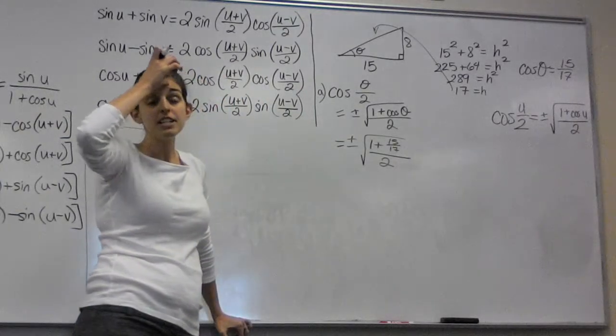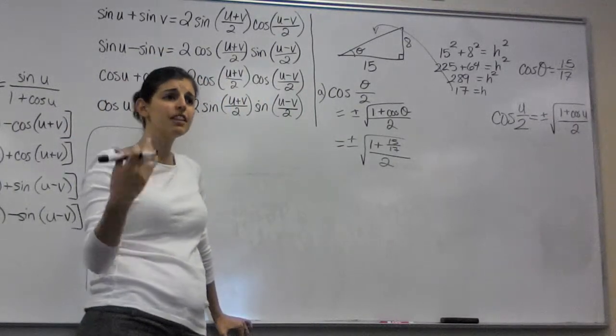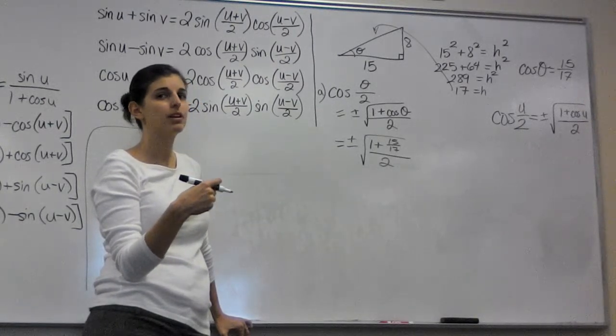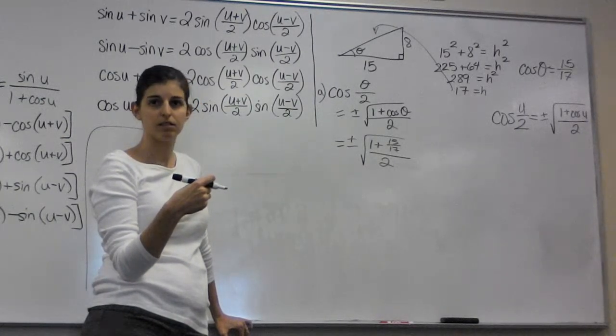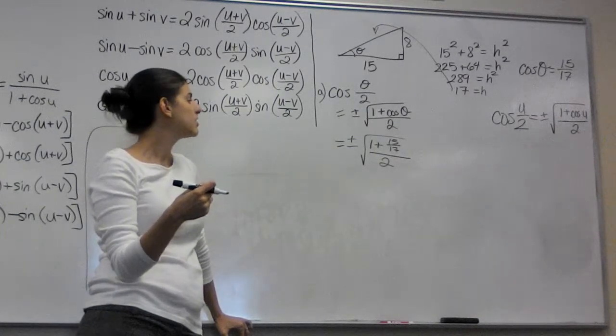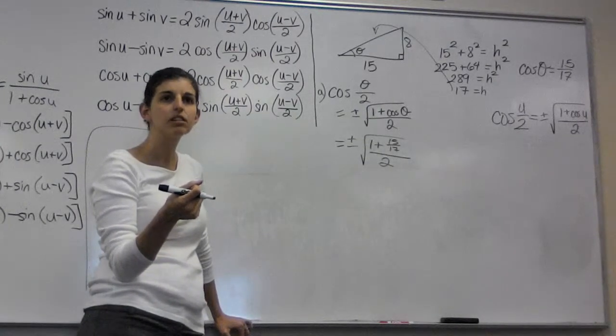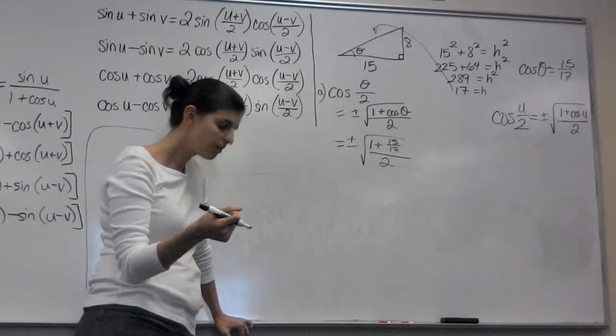Before we go on to the algebra simplifying things for this problem, do you understand where that comes from? Yep. We good? Okay. So how do I add the 1 and the 15/17? 1 over 1, and then find the denominator: 17 over 17.